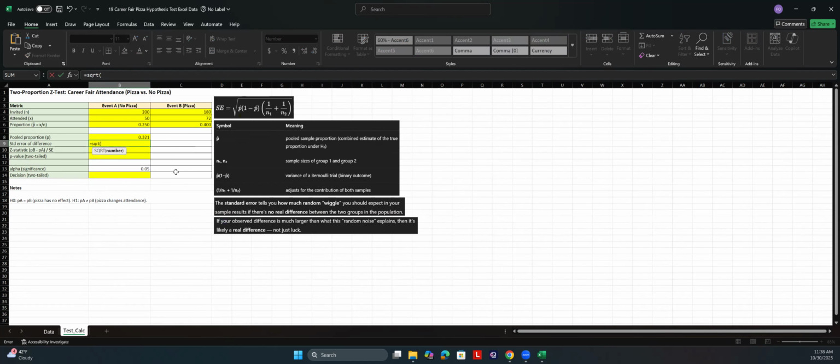Square root of this times 1 minus that times 1 over 200 plus 1 over 180.